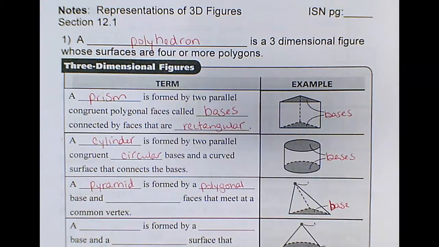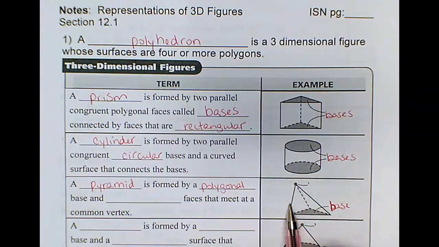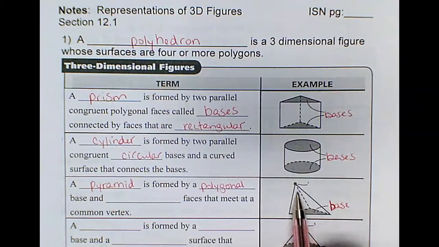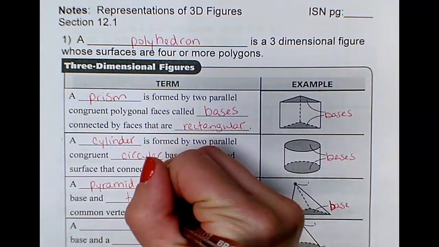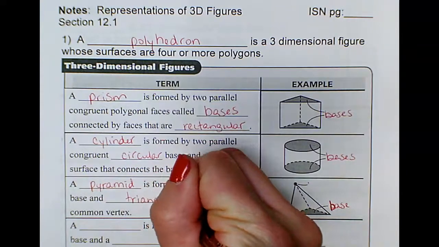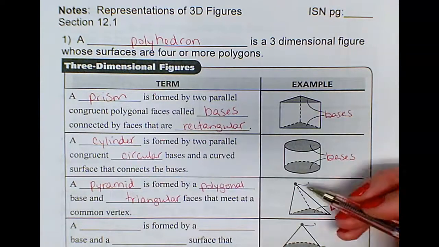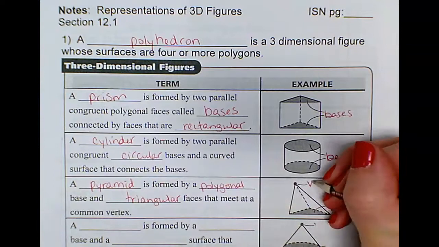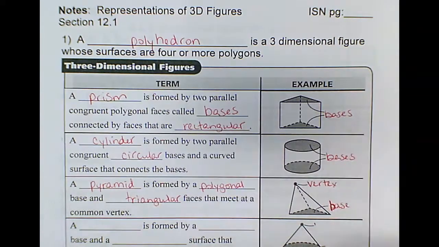And triangular faces that meet at a common vertex. So these sides of the pyramid, those are all going to be triangular in shape. And they all meet at a common vertex. So this point right here, this is the vertex of the pyramid.